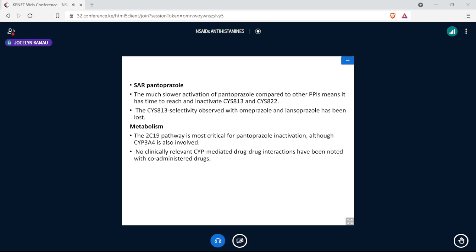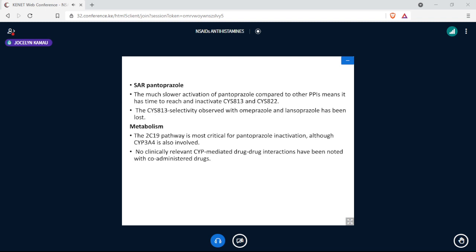The cytochrome 2C19 pathway is most critical for pantoprazole inactivation, although cytochrome 3A4 is also involved. No clinically relevant cytochrome-mediated drug-drug interactions have been noted with co-administration. So the only drug which has been found to have drug-drug interactions is actually omeprazole.